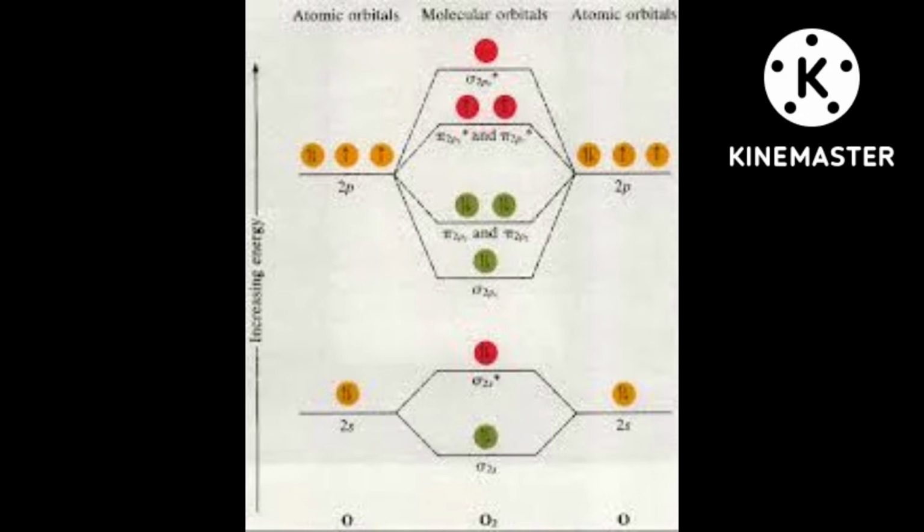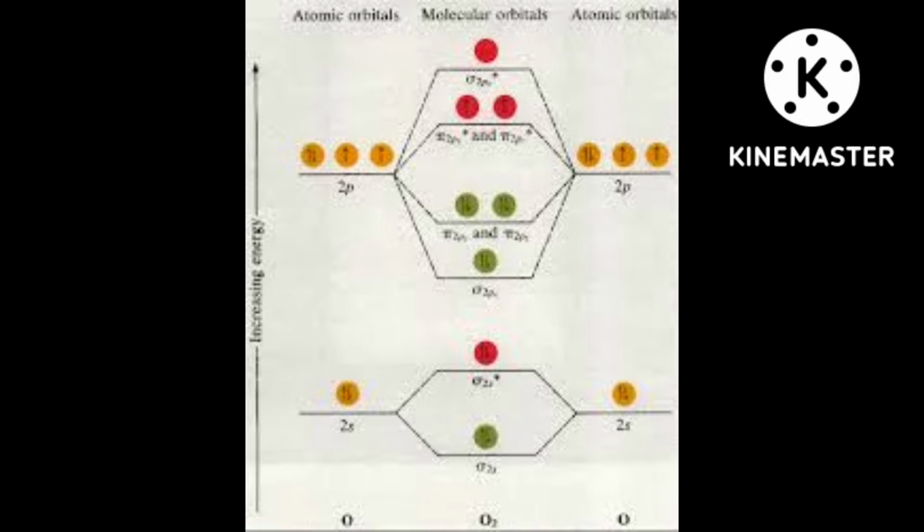Last class I started molecular orbital theory, M.O.T. Now I am continuing with the conditions for the combination of atomic orbitals. Last class I told you that just like atoms combine to form molecules, here also, from the atomic orbitals, molecular orbitals form, and the number will be the same.